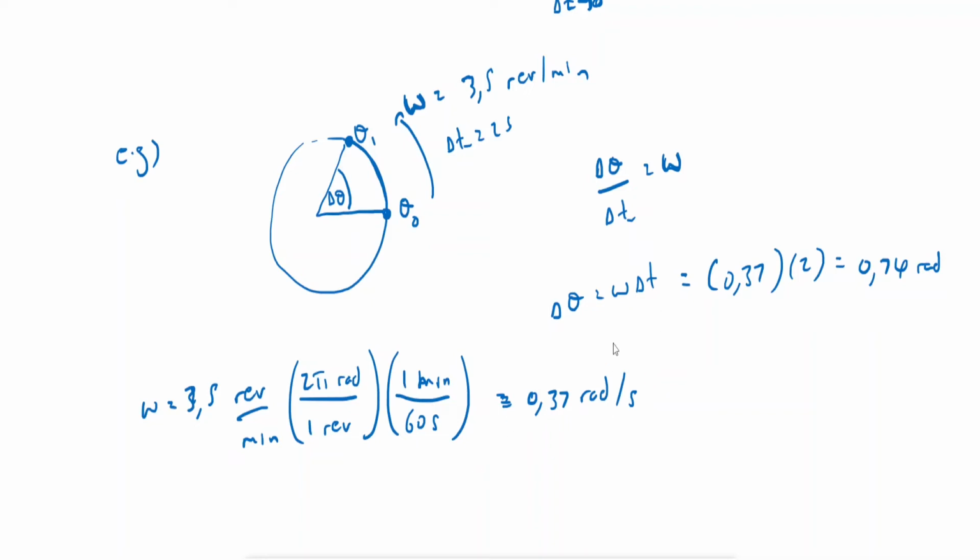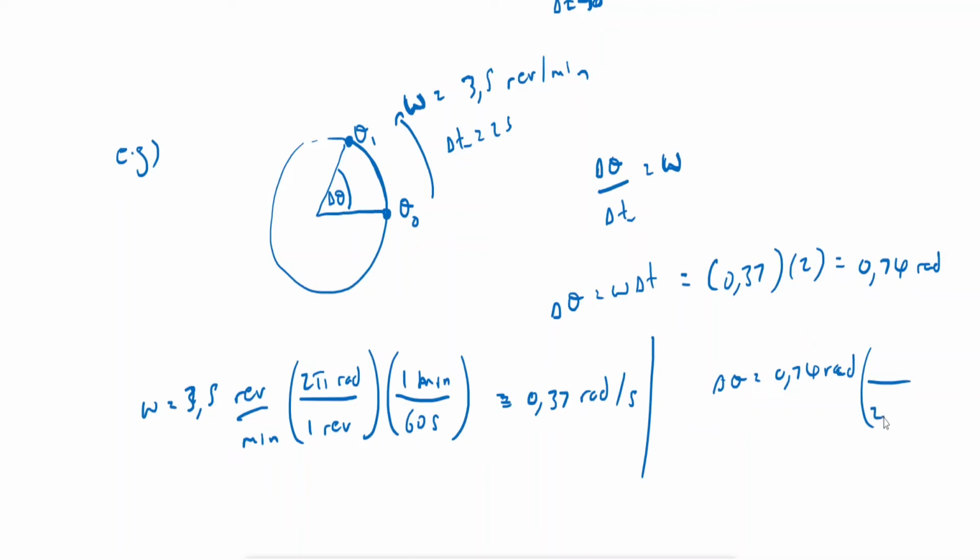If you want to know how many revolutions are covered in this time, it's a bit easier. Theta is equal to 0.74 radians, and then you do the opposite.